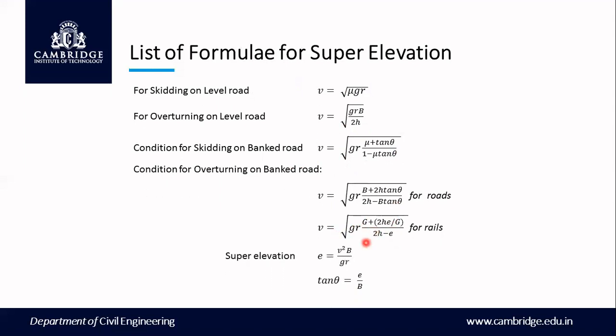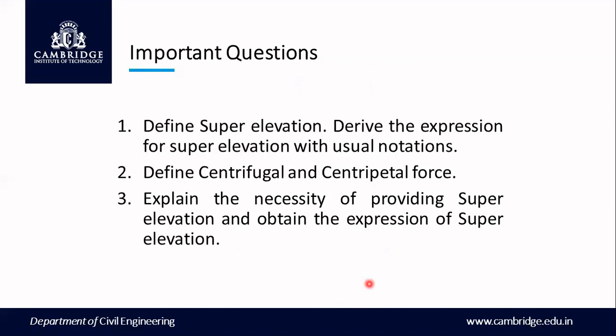And finally, the super elevation expression for roads, E is equal to V square B by GR. If it is for railways, it will be V square G by GR. And also remember that tan theta gave us E by B. So in the theory part of the super elevation, this might be an important question. You can make note of it.